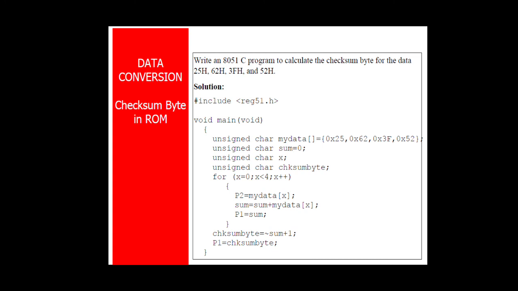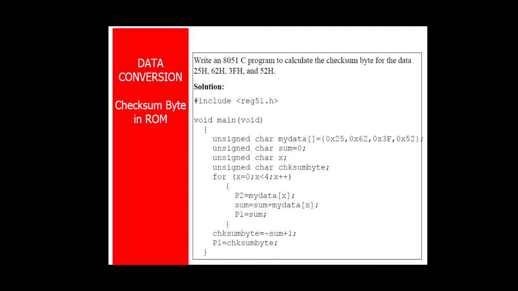Conversion program, checksum byte. We have gone through what we mean by checksum byte. This is a program to calculate the checksum byte for the data 25H, 62H, 3FH and 52H. For the same set of data, we had calculated the checksum byte using an ALP.